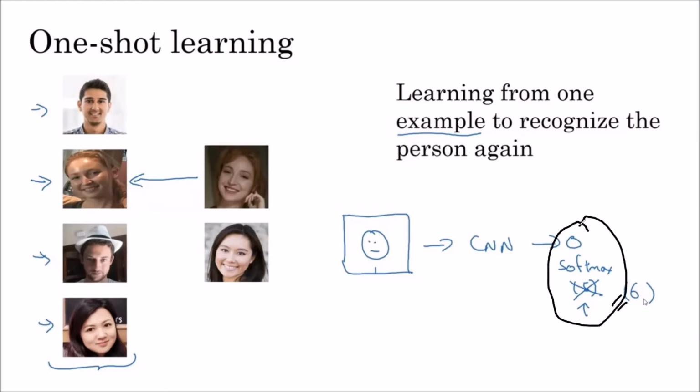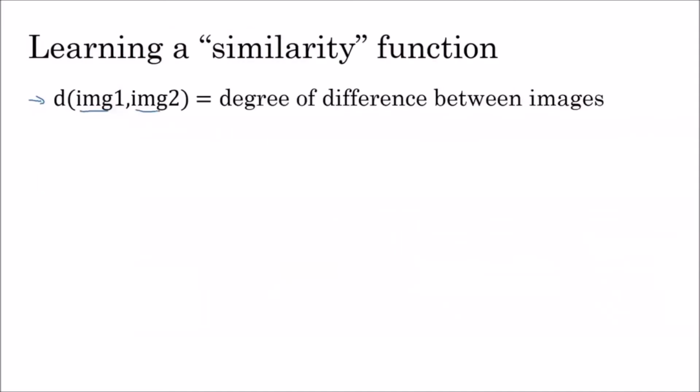We have to take 6 outputs. So every time an employee is recruited or terminated, we have to change the structure of the convolutional neural network in the last layer. So this is not a very good approach to go.